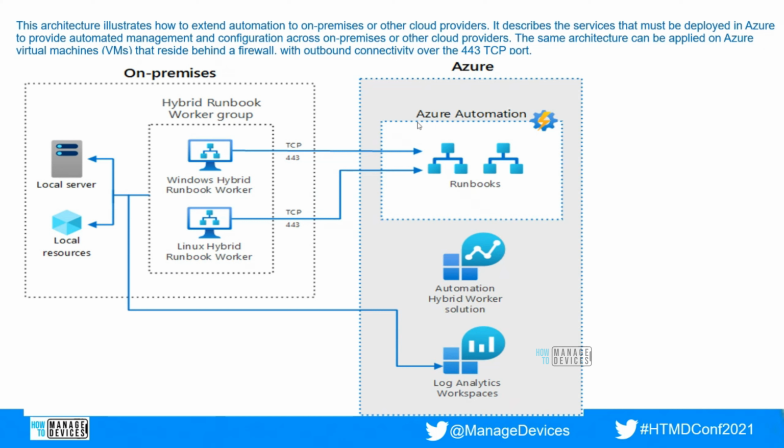As you can see on the screen, we have the architecture diagram of our on-premises and Azure. On the very right, you can see the Azure automation runbooks, and on the left it's our on-premises, where we have the runbook worker group and the local server and local resources available to sync.